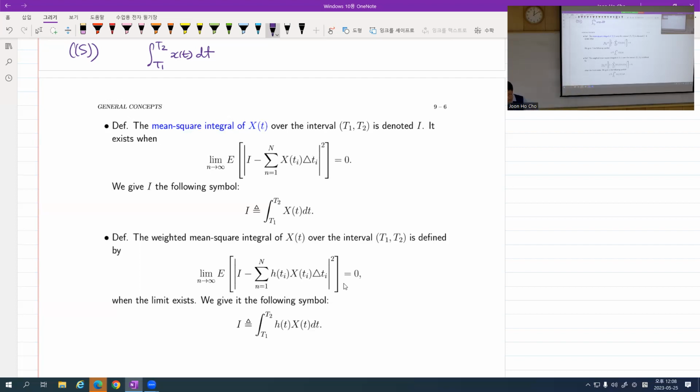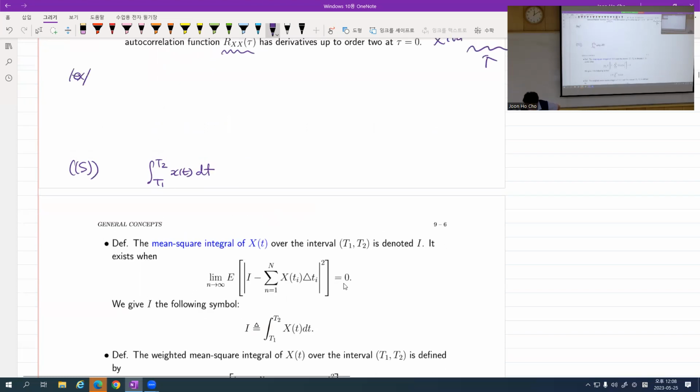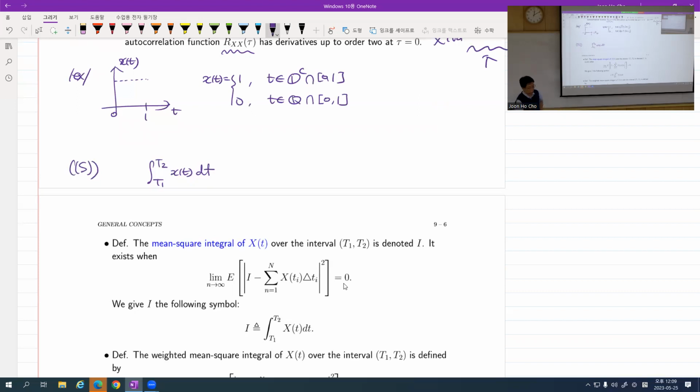Let me give you an example. Suppose you have a function x of t defined on the interval 0, 1, and x of t equals 1 for all t in, something like this, Q. So you have the set of rational numbers and you intersect, which means that for every rational number t, you have zeros.